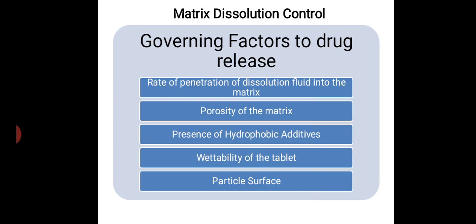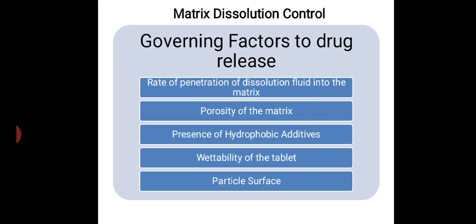But if it has high affinity, the polymer takes up the GI fluids and releases the drug out. This way we can select the type of matrix material based upon our requirement for the release of drug from the delivery system.